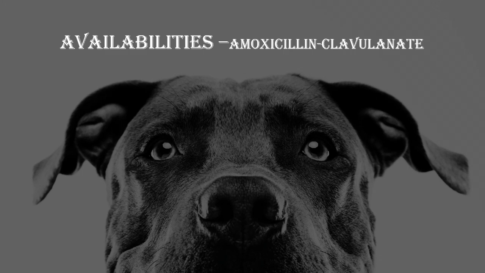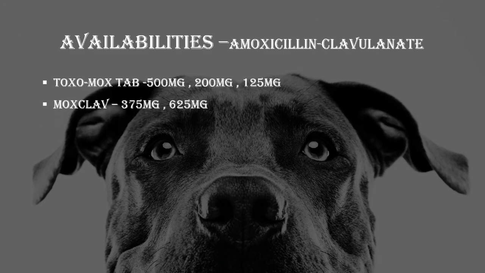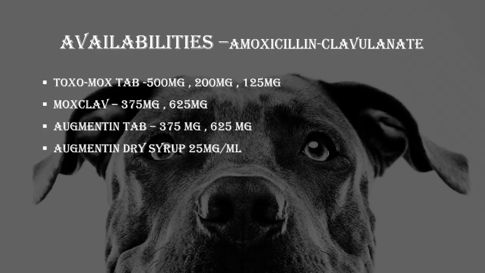The availabilities of amoxicillin clavulanate are Toxomox tablets of 500, 200 and 125 mg, Moxclav of 375 and 625 mg, Augmentin tablets of 375 and 625 mg, Augmentin dry syrup at a presentation of 25 mg per ml, Clavpet of 500 mg, and Apsil tablets of 375 and 625 mg.